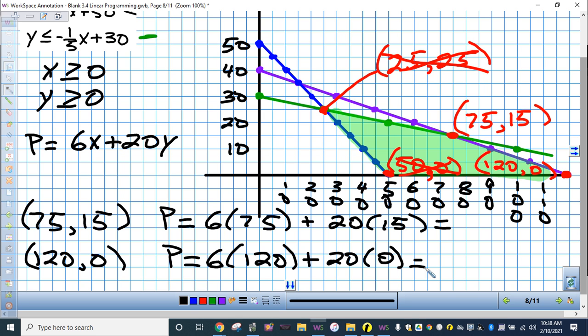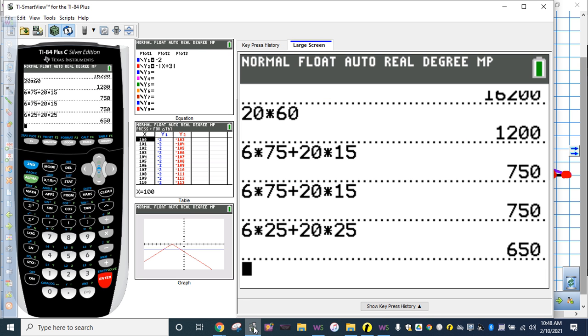So I can do the bottom one in my head. 6 times 120 is 720. 20 times 0 is 0. Don't forget units. $720 for that. And then I already plugged the other equation in. Right, so I tested the (25, 25) as well here. I got 650.